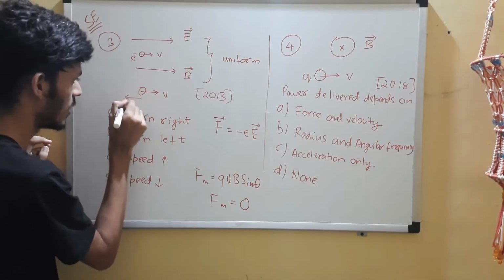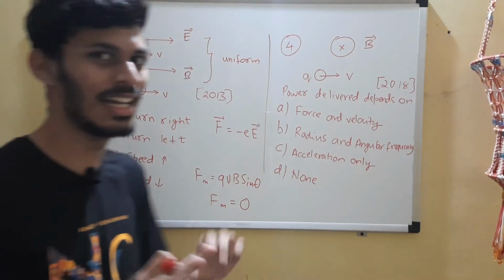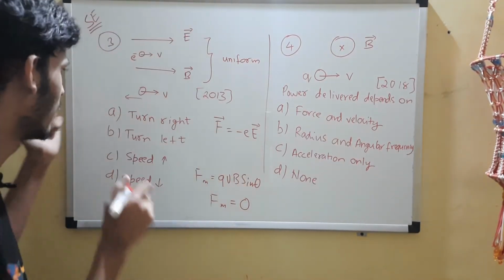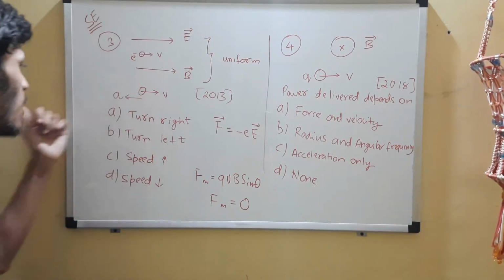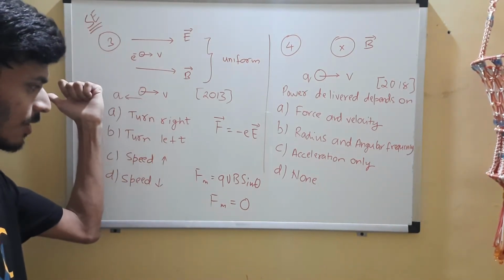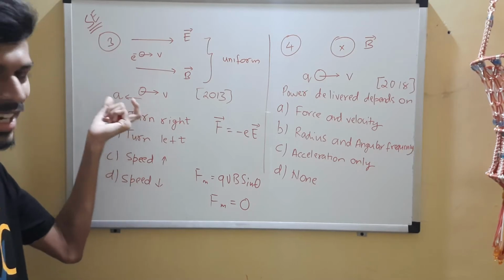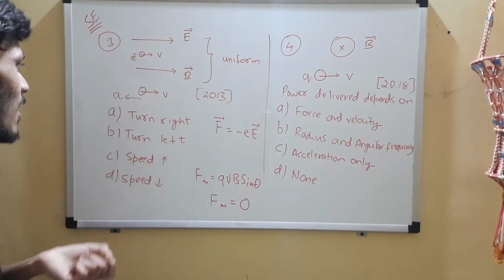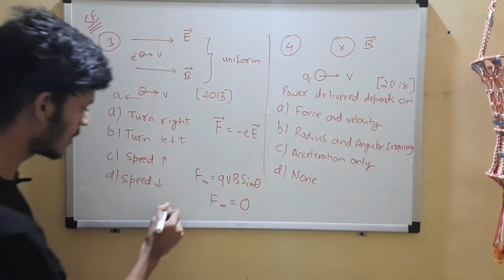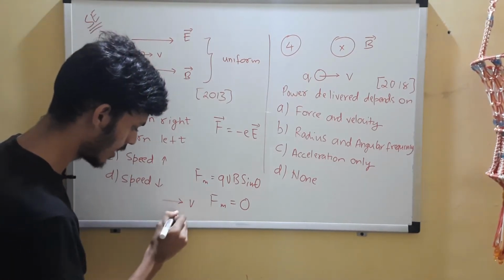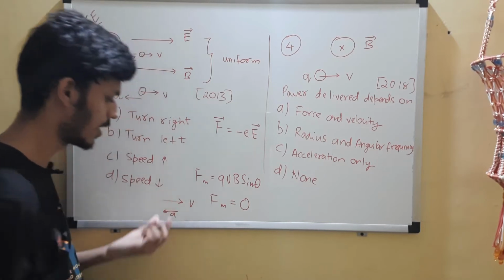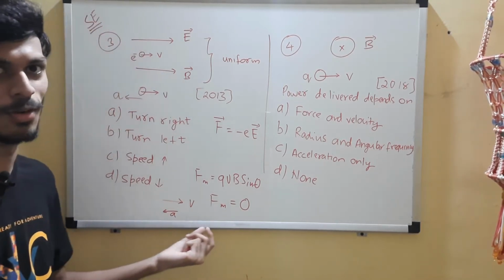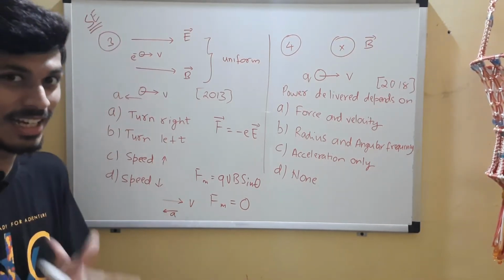So the force is in this direction, or I can say that the acceleration is in this direction. So this is negative acceleration, or you can call it retardation. Velocity is from left to right, acceleration is from right to left, so the motion is retarded.